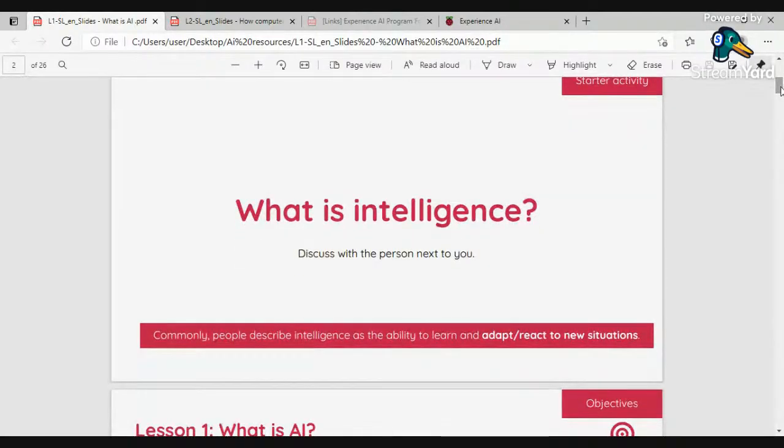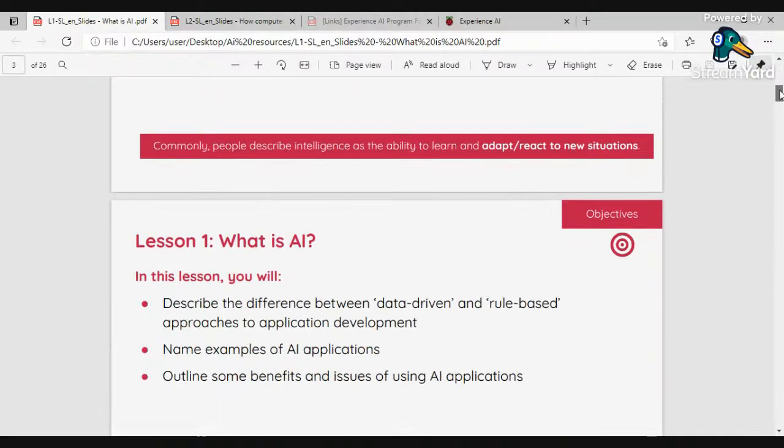You make the students interact with their colleagues, and discuss with the person next to them what intelligence is. Intelligence, as described, is the ability to learn and adapt to new situations.